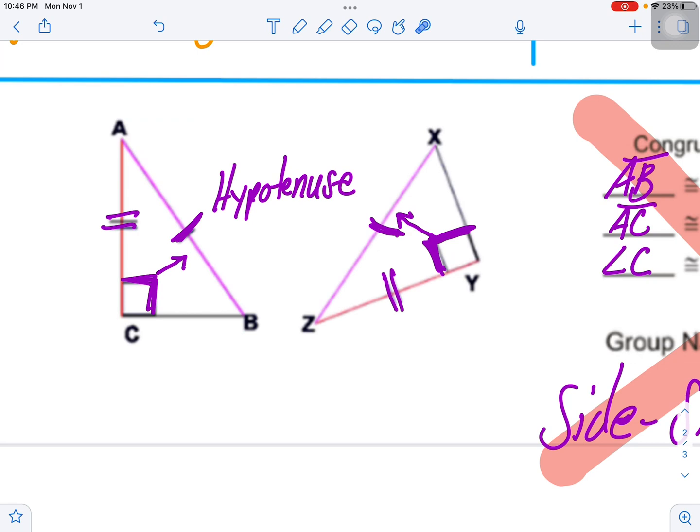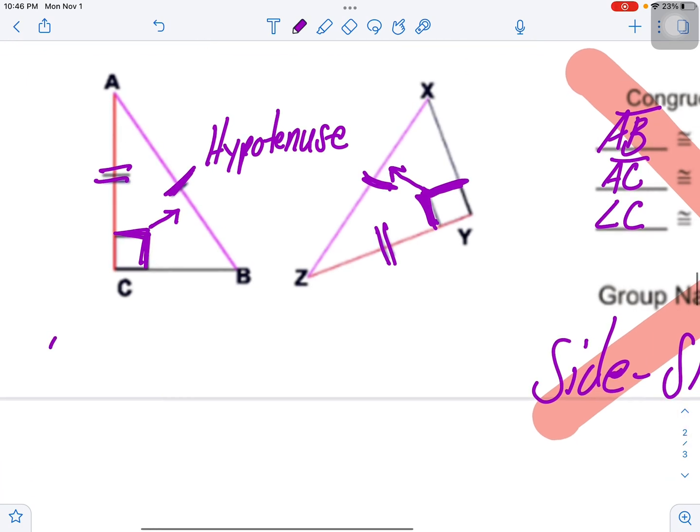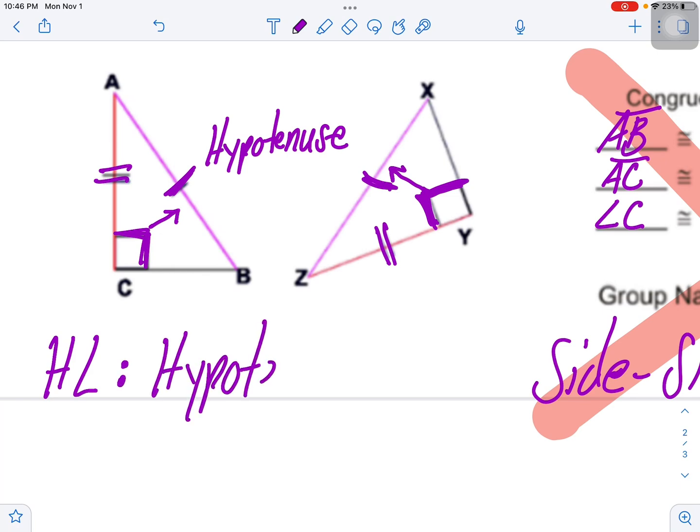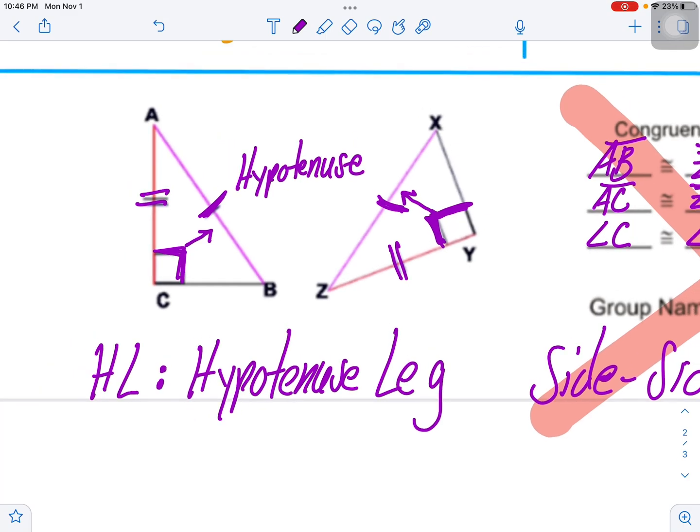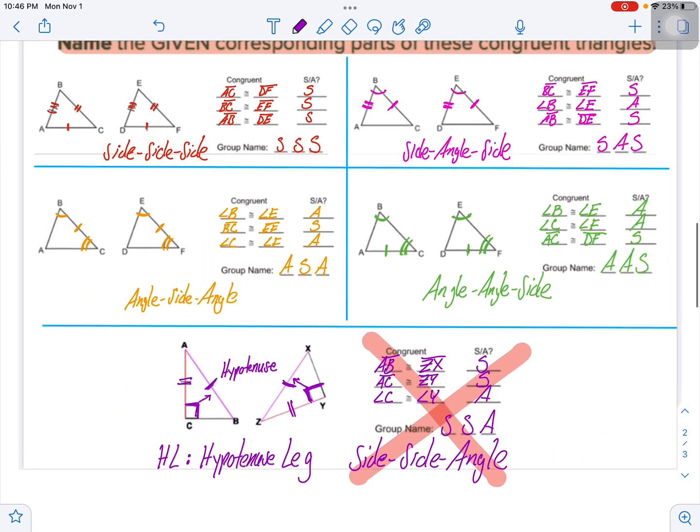So this here is called a leg of the triangle, and this is the leg. So this, everybody, we call HL, hypotenuse leg, when we have that situation.